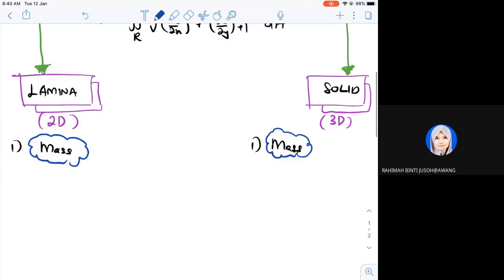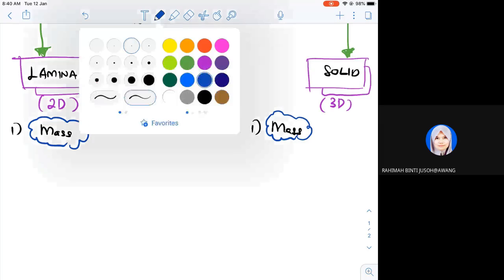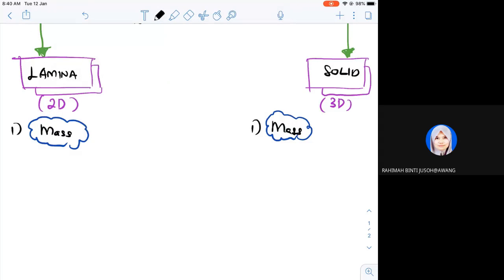Okay, so mass in 2D, we have the formula of mass equals to M. Okay, so when it is 2D, of course, automatically double integration. So our region is region R. Okay, and then we will have a density function in the middle of the integration. So when we have double integrals, of course, we will have dA. Okay, so this is called the density function.